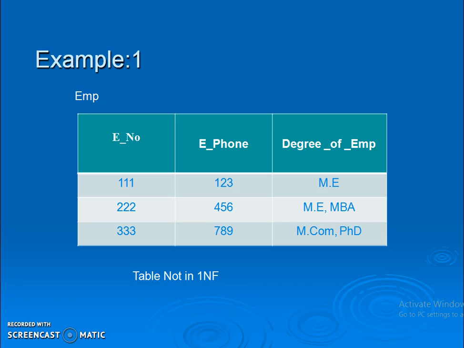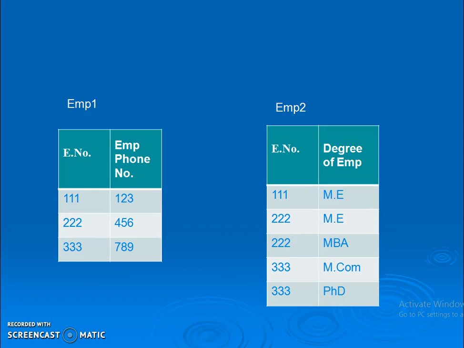So we will decompose this table EMP into two relations, two tables. The first one is EMP1 and the second one is EMP2. In the first table there will be two attributes, E number and EMP phone number. It is clearly seen that in EMP1 the intersection of row and column does not have more than one value, so it is in first normal form.